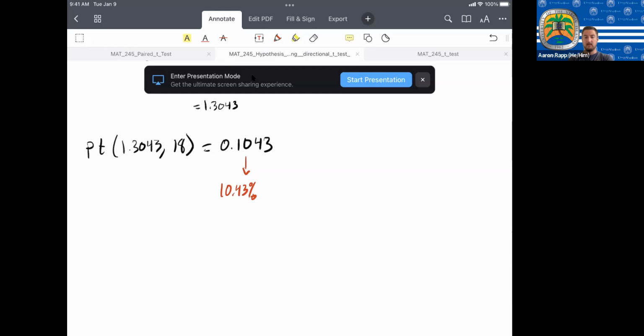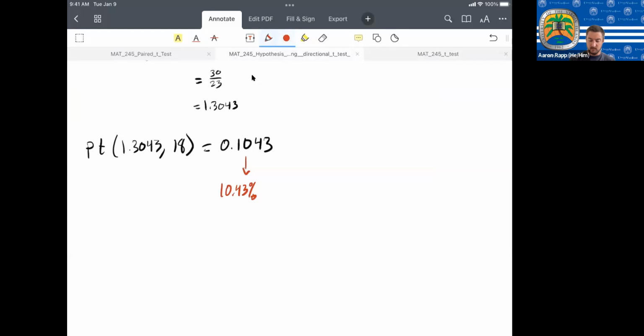So if you wanted to be really conservative with your conclusions, yes, you could say that there is no evidence for the alternative hypothesis. However, what I would encourage you to do is conclude that there is weak to no evidence for the alternative hypothesis.